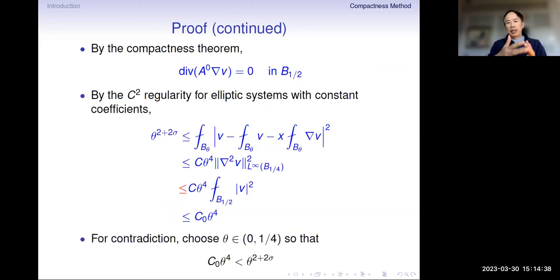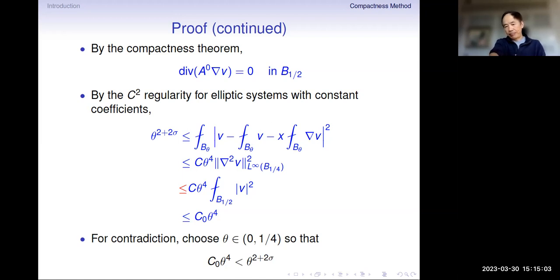So again, by the compactness theorem, the limit is a solution of an elliptic equation with constant coefficients, about which we know a lot regarding regularity. So we can use the C2 regularity for the elliptic system with constant coefficients. The first inequality is the one I had on the previous page.